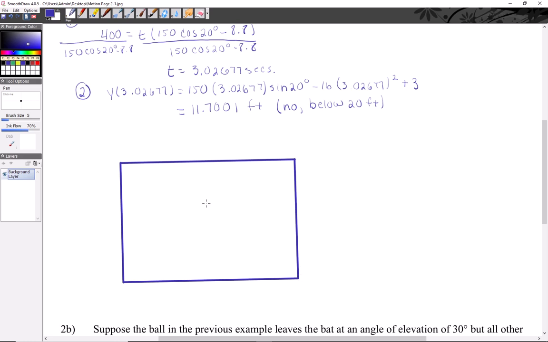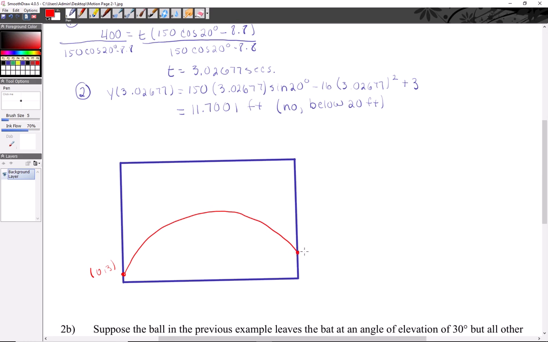What you might want to do, just keep in mind that you're basically 3 feet off the ground to start. Okay, so here's a point, and you can label this 0, 3, and that'll travel parabolically to here.